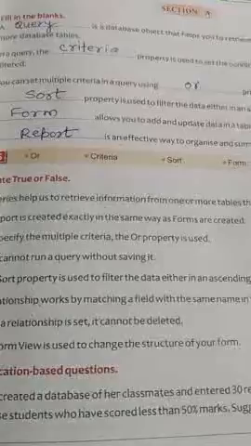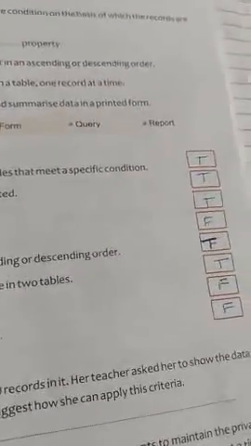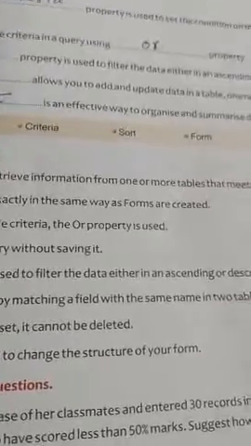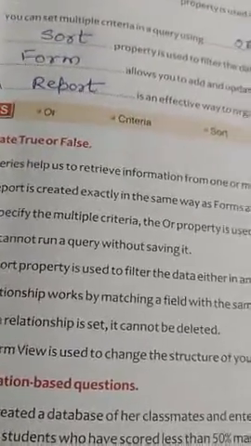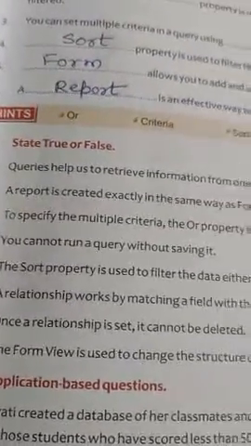And now true and false. Queries help you to retrieve information from one or more tables that meet a specific condition. The statement is true. A report is created exactly in the same way as a form is created. True. To specify multiple criteria, you use the or property. The statement is true. Question number 4: You cannot run a query without saving it. The statement is false.